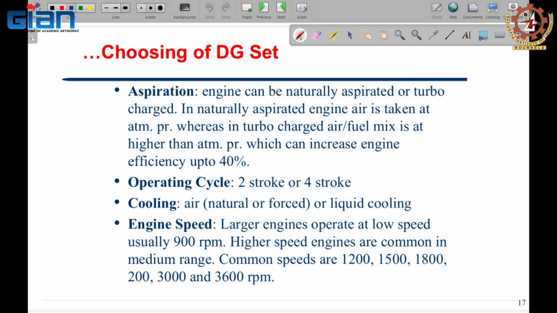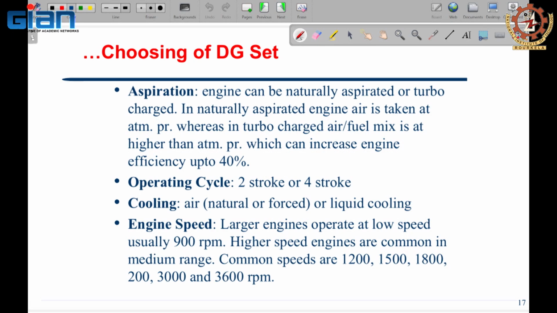So suction, for example, air is sucked, then air will be compressed. Then when air is compressed, its temperature increases, then fuel injection will be there, ignition will be there. Okay. And then of course when the fuel is ignited, it will cause the pressure, it will cause the crankshaft to move in the backward direction.